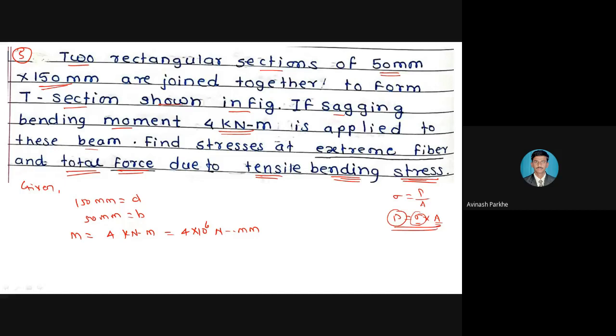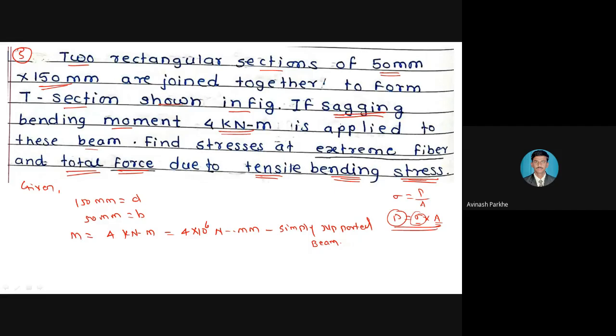But here one important word is mentioned, that is sagging bending moment. Sagging bending moment is applicable for the simply supported beam. Please keep in mind, this is very important. Sometimes the type of beam, type of load is not mentioned in the statement, but we have to calculate the tensile and compressive.